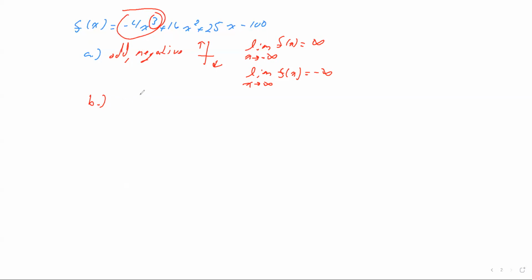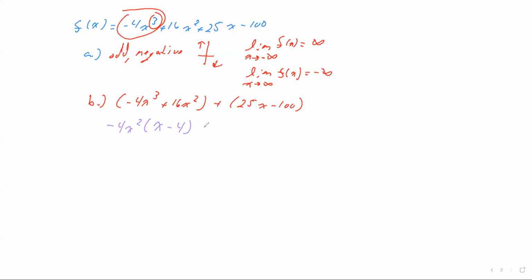So a 4-term polynomial, this is factored by grouping. I notice that on these first 2 terms, they have a negative 4 in common and an x squared. So then I'm left with x minus 4.